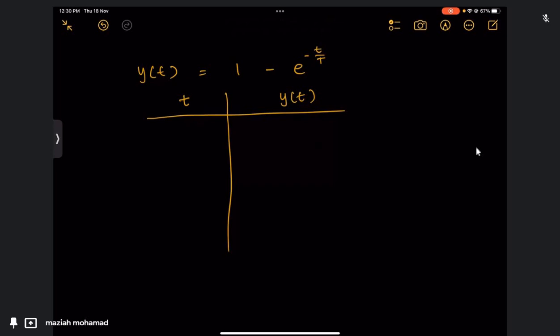Let's calculate for t equal to 0, t equal to T, t equal to infinity.